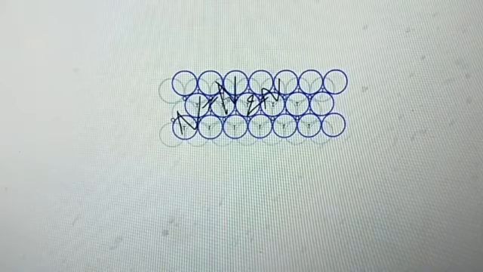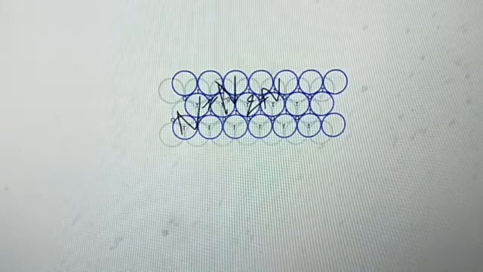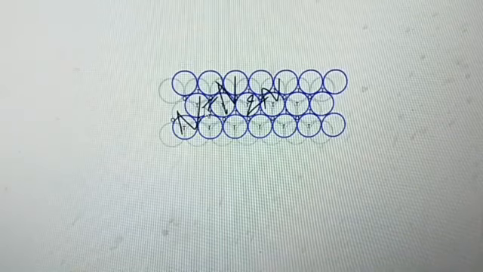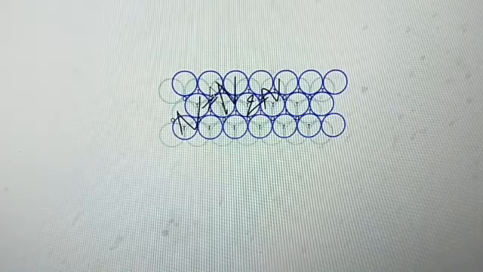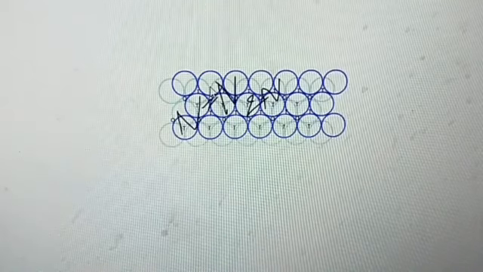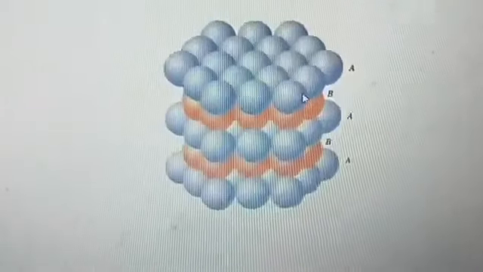Covering of tetrahedral voids is one possibility and covering of octahedral voids is the other. In the second layer we already have tetrahedral voids and octahedral voids. Now when we place the third layer, either tetrahedral voids may be covered or octahedral voids may be covered. So how will it happen? Let us see.